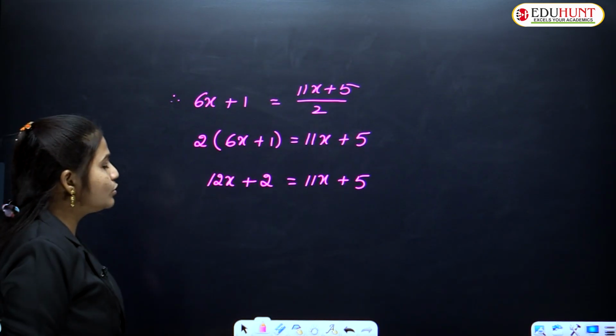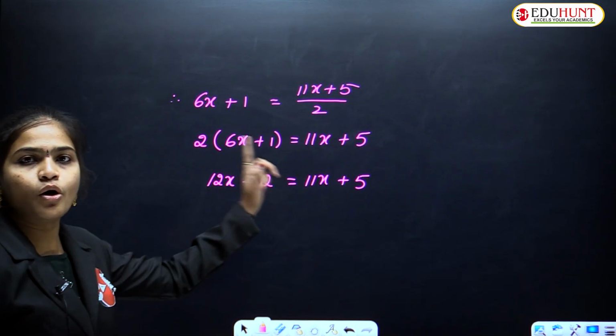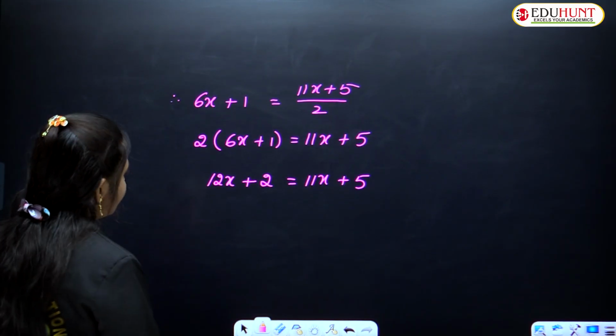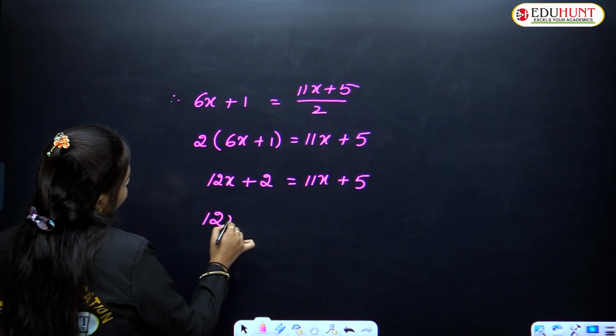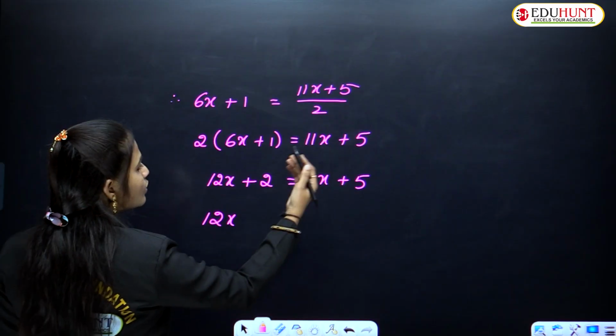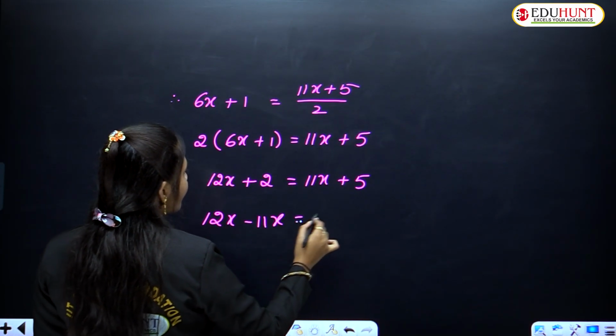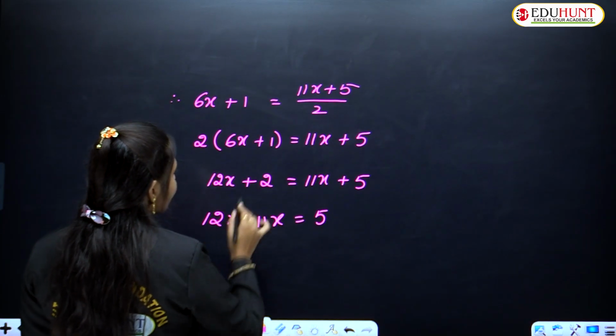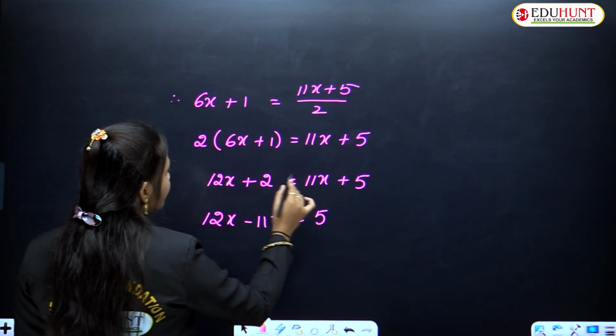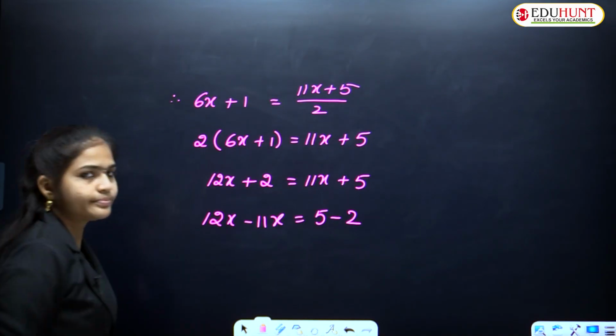Now I want to write all the variable terms together and all the constant terms together. 12x, and plus 11x becomes minus 11x, equals 5 on the RHS, and plus 2 becomes minus 2.